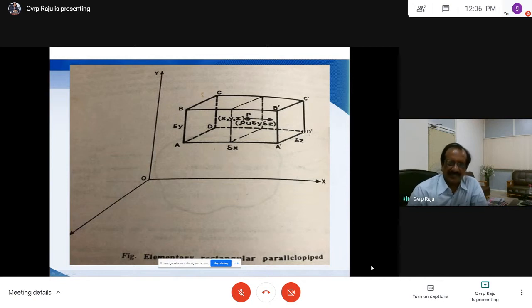Suppose you take the center point here, the mass density is rho, and the velocity is capital V. We have velocity in 3 directions: x direction small u, y direction small v, and z direction small w. Small u is the velocity component in the x direction, small v in the y direction, and small w in the z direction.